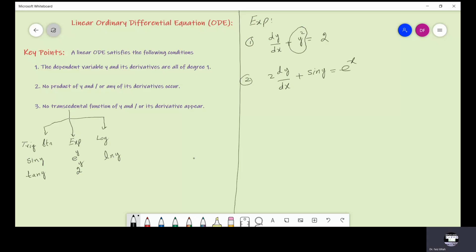This is a non-linear ODE because of sine y, which is a transcendental function. Number 3, y dy by dx plus y is equal to e power x. This is a non-linear ODE because of the product of y and dy over dx.